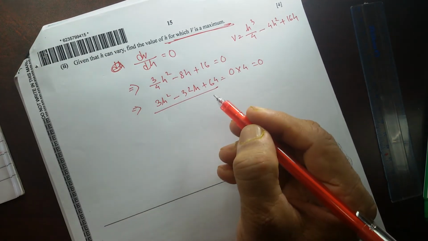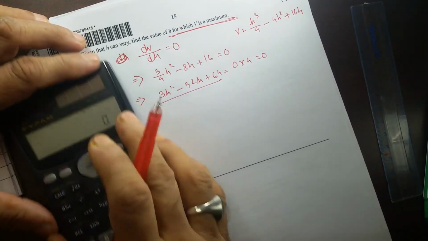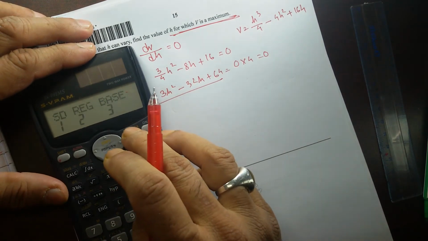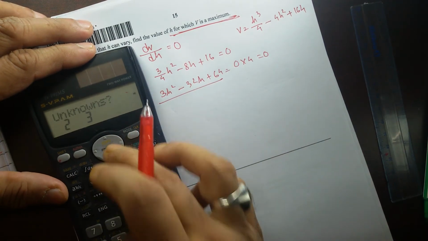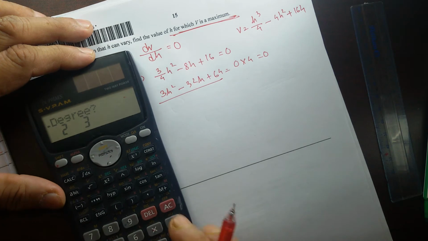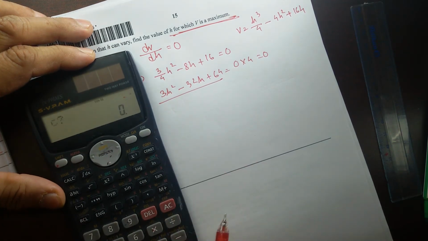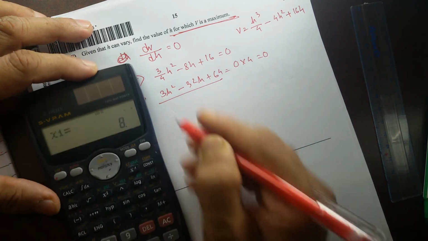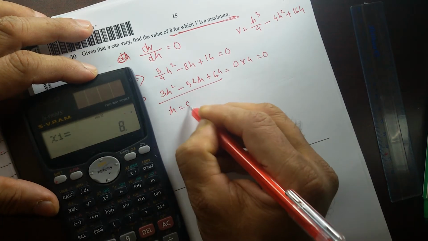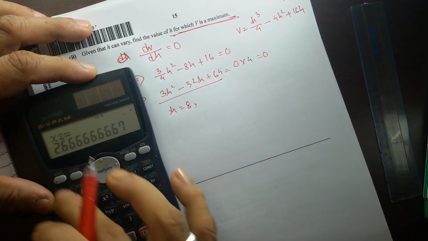Now you can do the middle term break, or to save some time, I'm going to use the equation solver on the calculator. Power degree is 2, a is 3, b is minus 32, c is 64. I got one of the h equal to 8, and another one is 8 by 3.